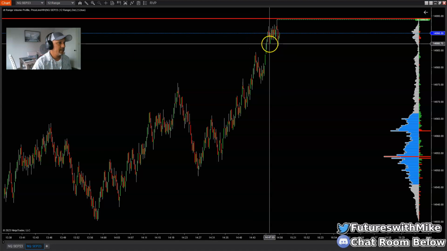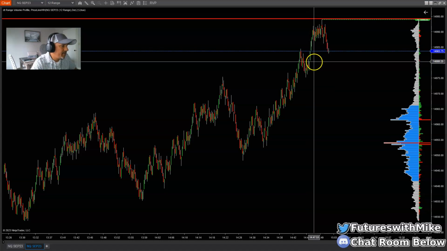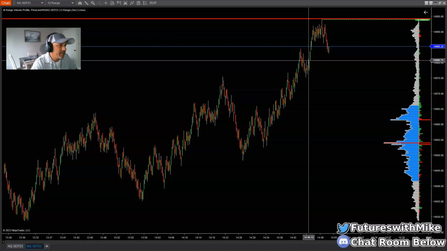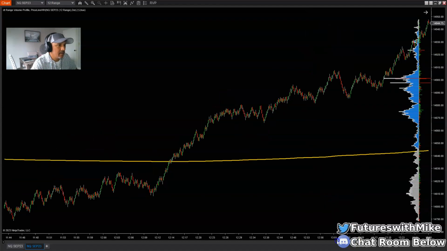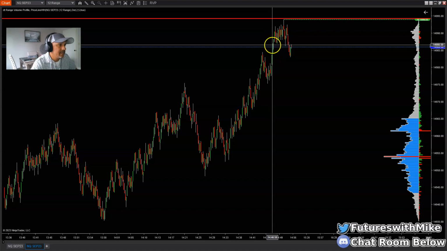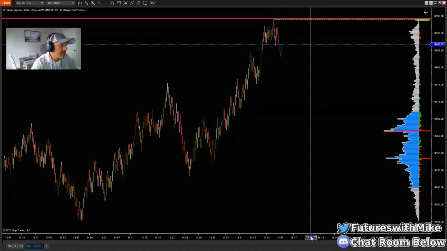Took out this area here. Small area of demand resting right here on the Nasdaq, right here at 80 3/4. Price is retracing back, trying to fill in these gaps or imbalances back down to the downside.